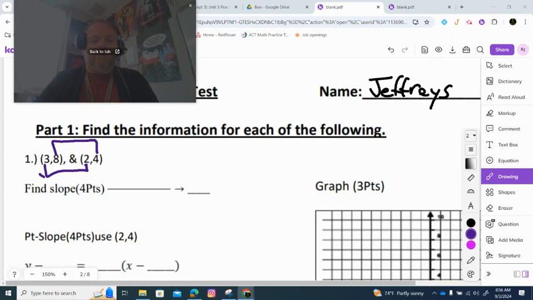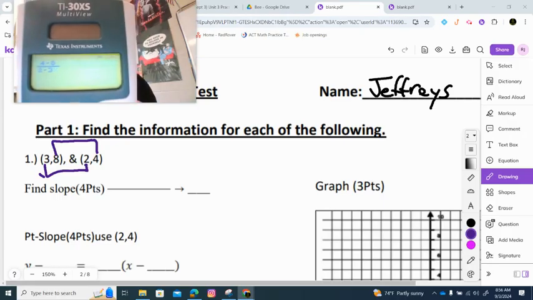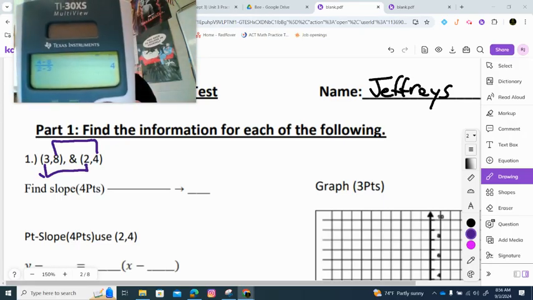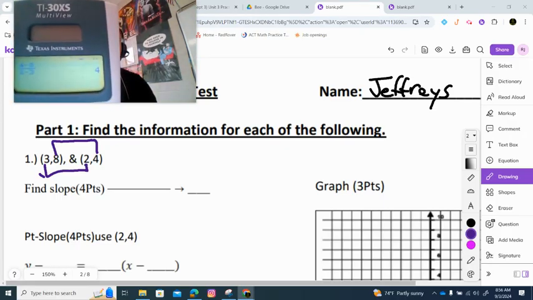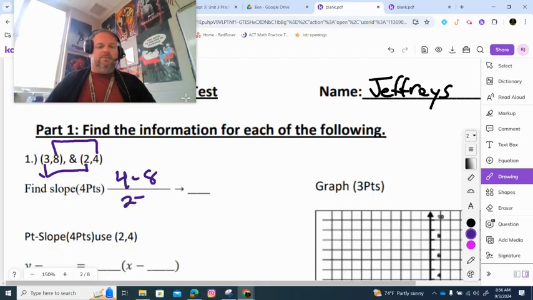So, using our calculator, because that's the easiest way, 4 minus 8 and then 2 minus 3. Bam. We get 4. That is our slope. That is our M. Okay, 4 points for that.